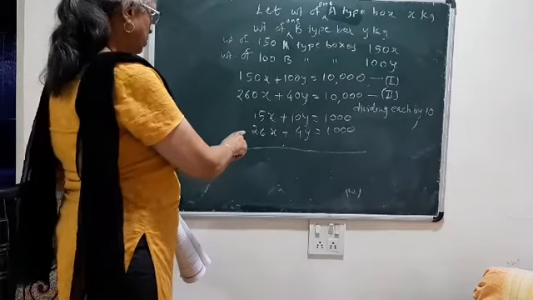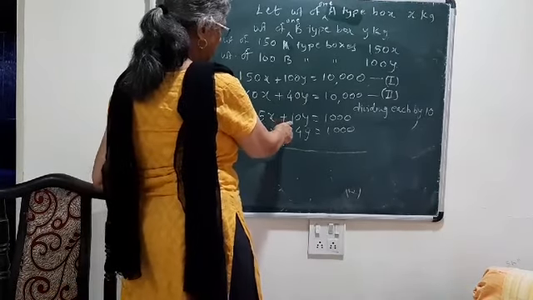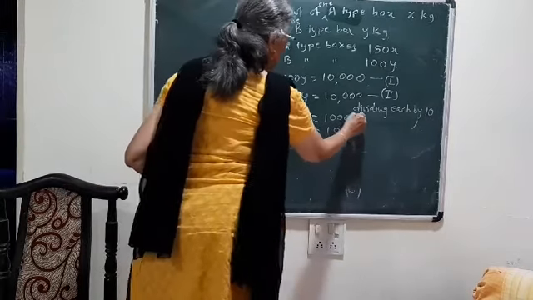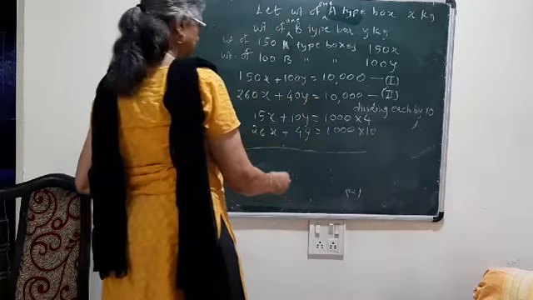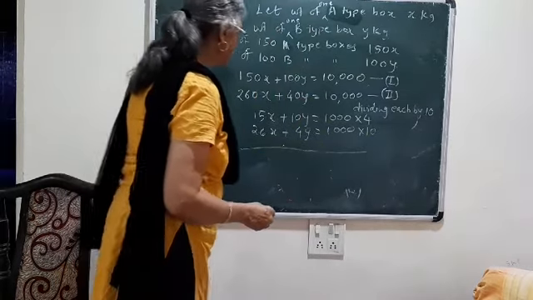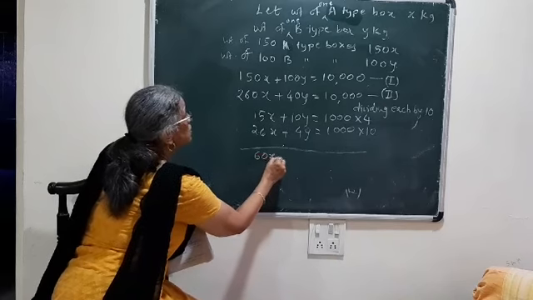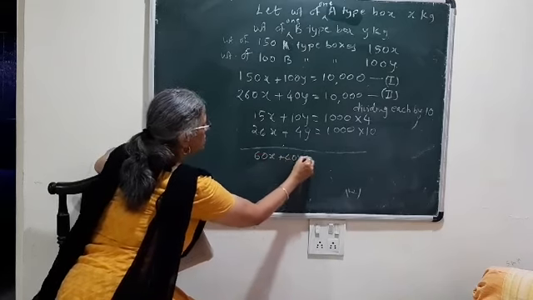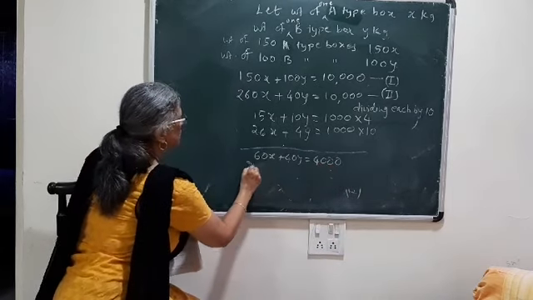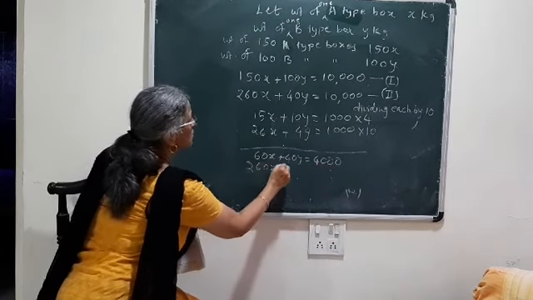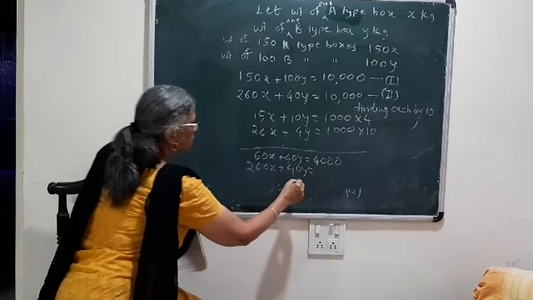So now I will make here 10, 40 and 4 as a 10. So I will multiply 10 by 4 and this by 10. So I will have 60x plus 40y is equal to 4000. And second equation, 260x plus 40y is equal to 10,000.